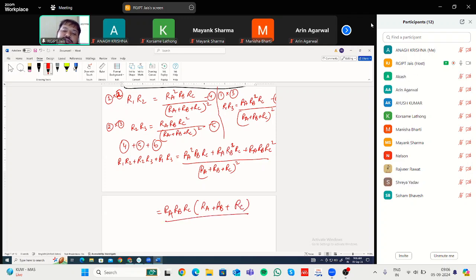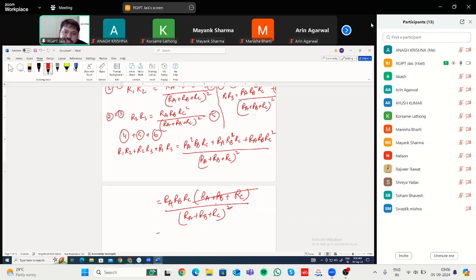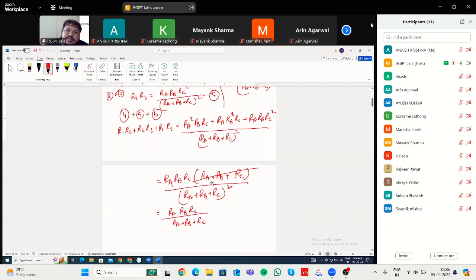And in the denominator it was already RA plus RB plus RC whole square. Now you can cancel, and it will be 1. So what you are getting is RA RB RC divided by RA plus RB plus RC. Let us say this is equation 7.